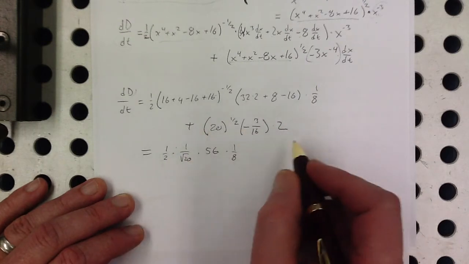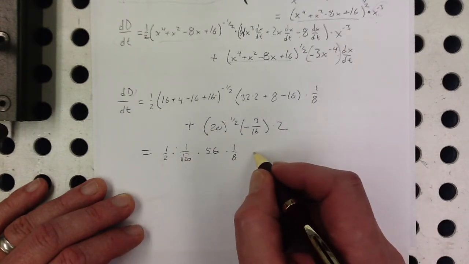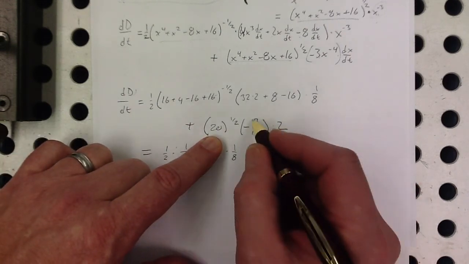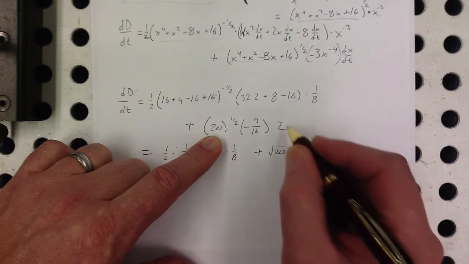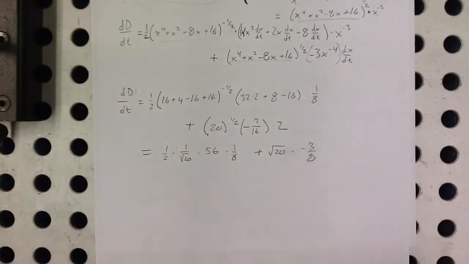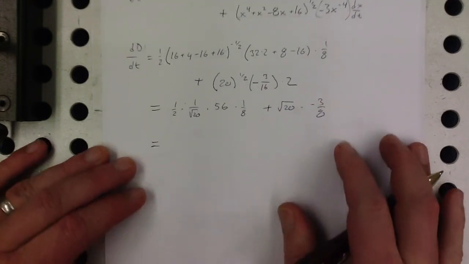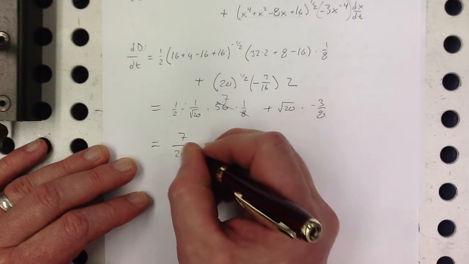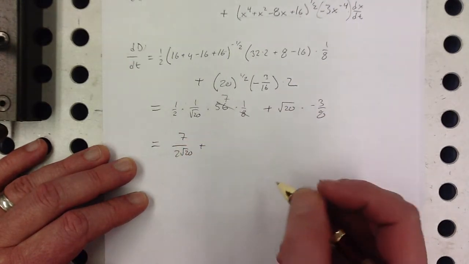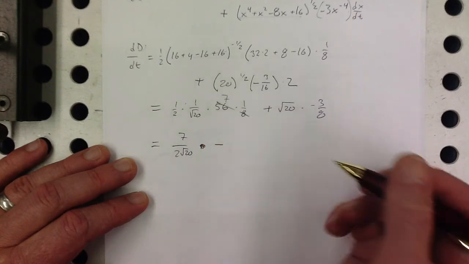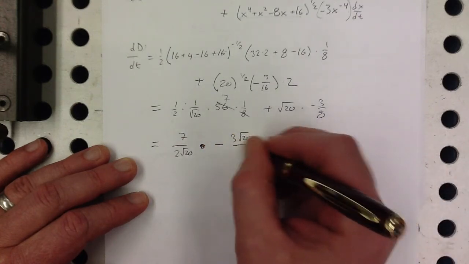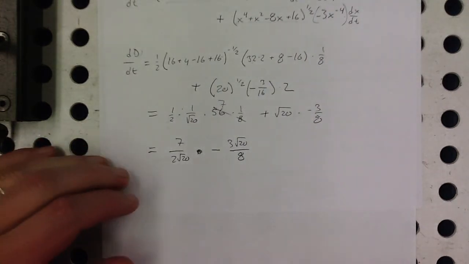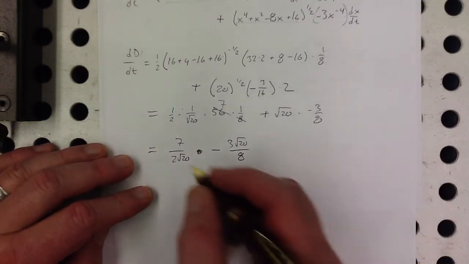Okay, more simplifying to do there, but let me keep going here. So plus 20 to the 1/2, that's the square root of 20, and then times negative 3 over 8. That's 7. So I've got 7 over 2 square roots of 20 minus 3 square roots of 20 over 8. And hey, while we're at it, let's just get a common denominator because this is so fun.